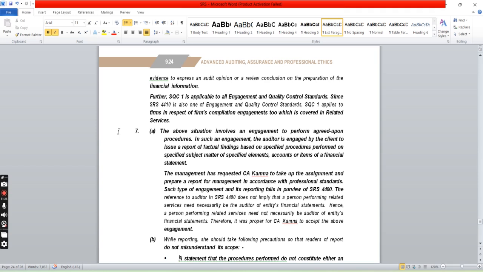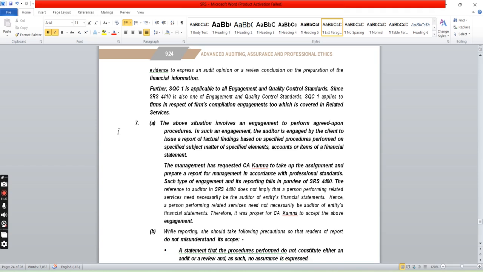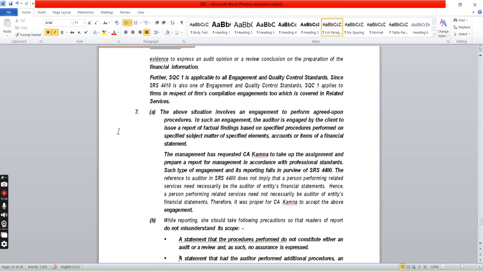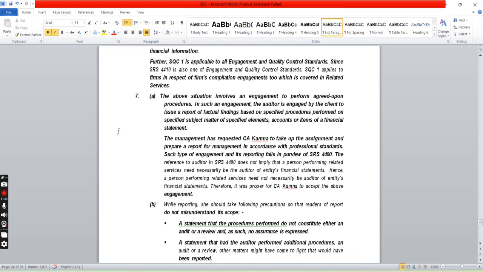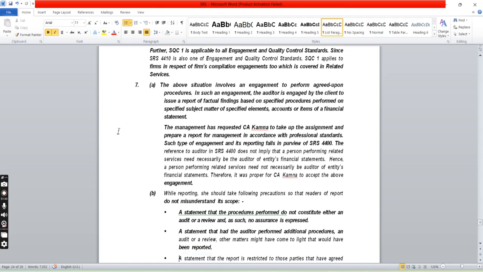The above situation involves an engagement to perform agreed upon procedures. In such an engagement, the auditor is engaged by the client to issue a report of factual findings, which is based on specified procedures performed on a specified subject matter of a specified element, account, or item of financial statement. The management has requested Sri Kamna to take up the assignment and prepare a report for management.